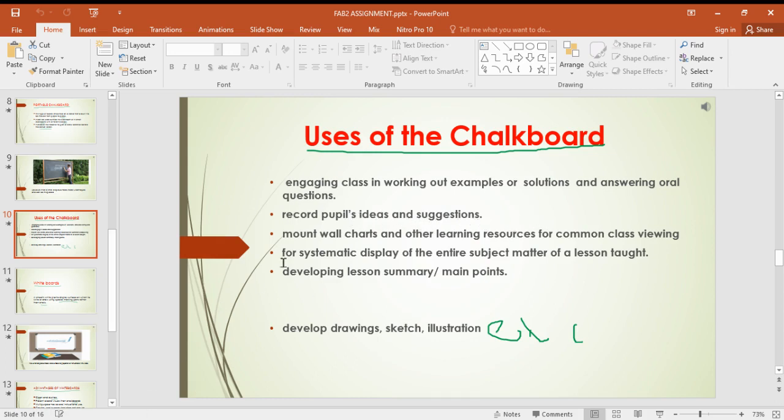Mount wall charts and other learning surfaces for common class viewing. You mount charts or maps or posters on it for class viewing. It's used for systematic display of the entire subject matter of a lesson taught. It helps in developing lesson summaries or main points. And the last one helps to develop drawings, sketches, and illustrations.